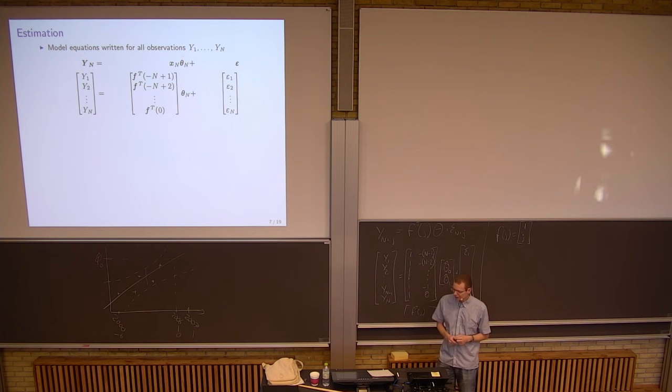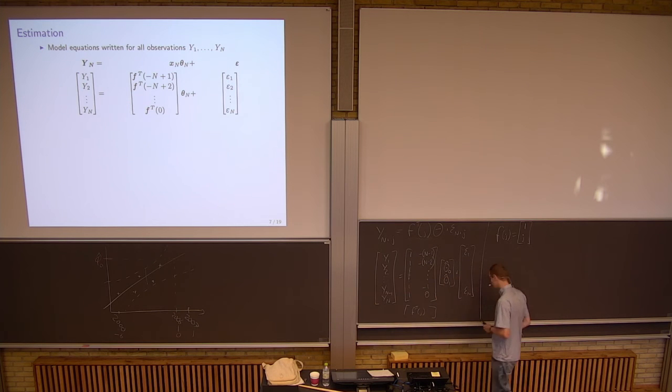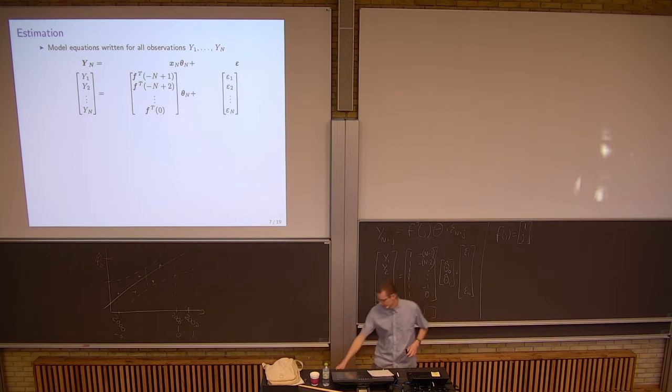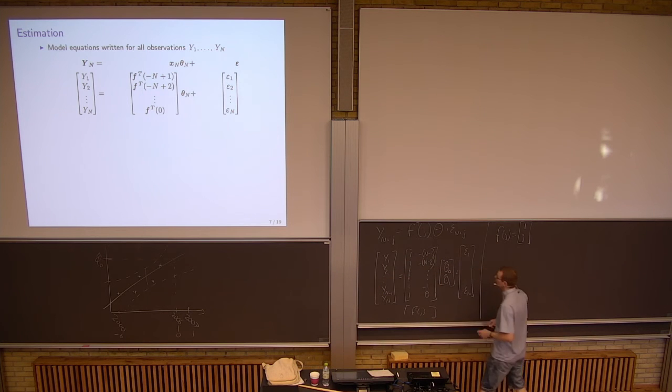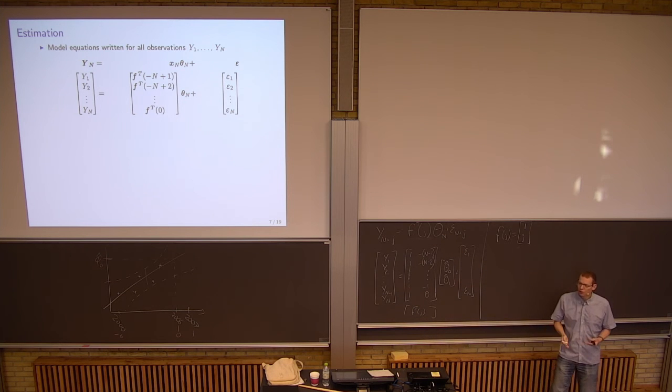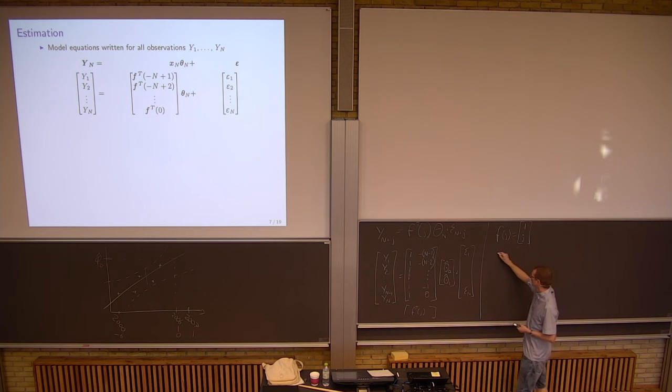So to estimate this, how do we do that? When I want to estimate, I can give it a theta n here, because each time we get a new observation, we can make a new estimate. So theta n hat, what is that?